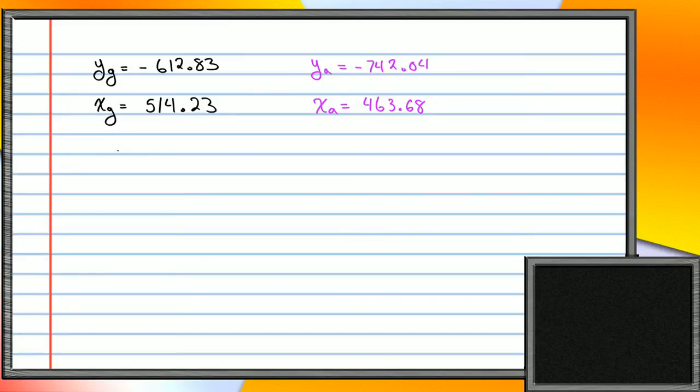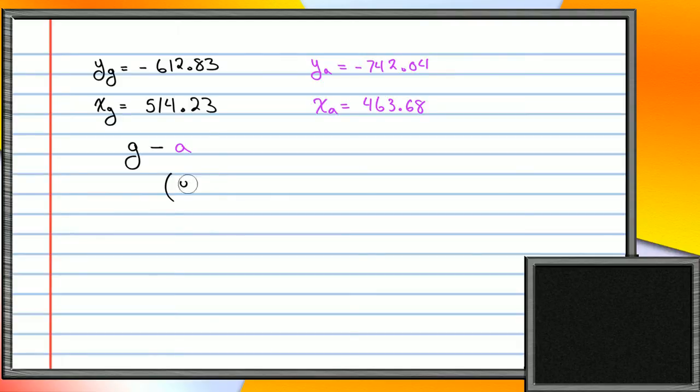We're going to go ground speed minus airspeed. And this is going to be component-wise, right? So ground speed would be negative 112.83 minus, or here, I'll write it component-wise first.